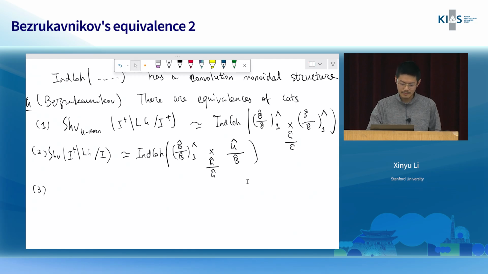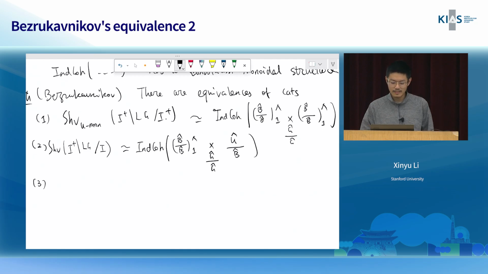So you may notice the pattern that if I replace I plus by I, then on the spectral side, I replace this formal completion of B mod B by U mod B. So you may guess that if I consider sheaves on LG double quotient by I, then it should correspond to ind-coherent sheaves on this fiber product.